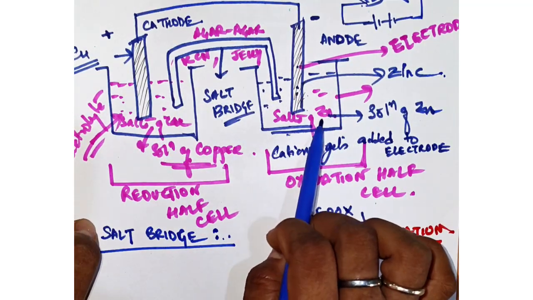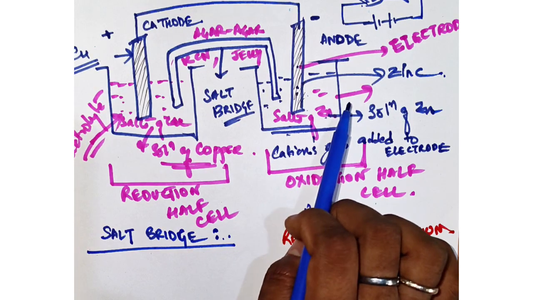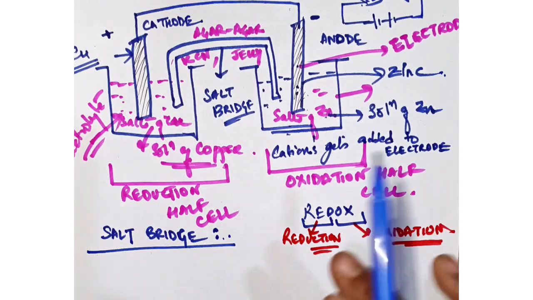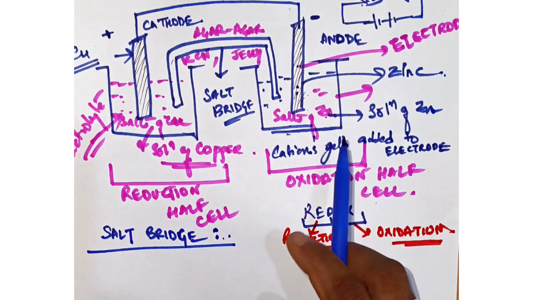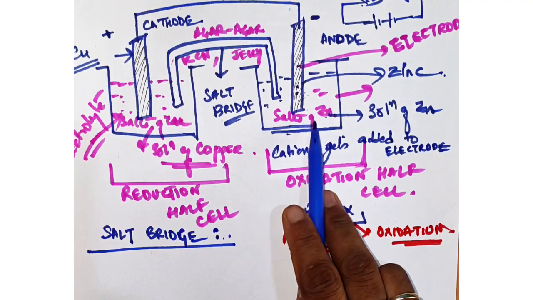See here, with the salts of zinc, zinc always becomes 2 plus. When you dissolve any salt of zinc in solution, the zinc cation gets separated, and the anions also get separated.